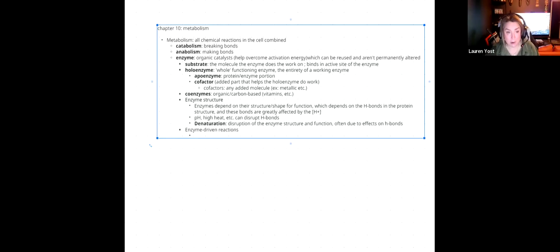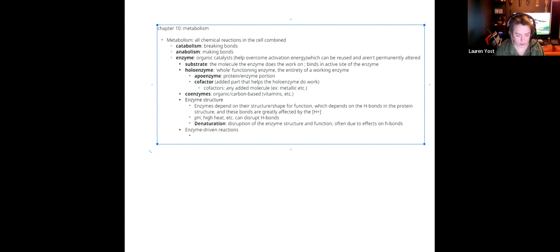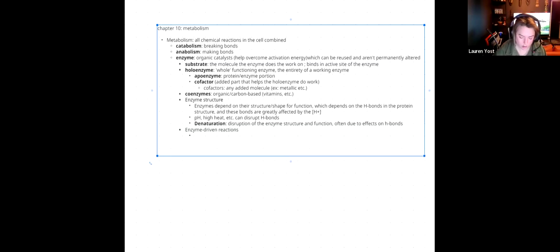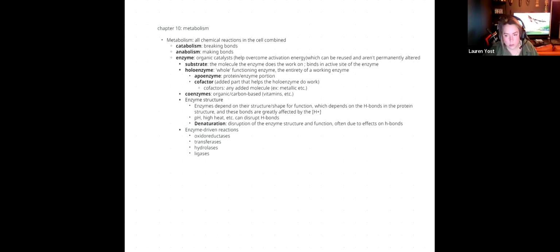Let's go over the ones that we would potentially get tested on, the ones that I would ask questions about. So that would be oxidoreductases, transferases, hydrolases, and ligases. So these are the 4 that I would be most likely to ask about.